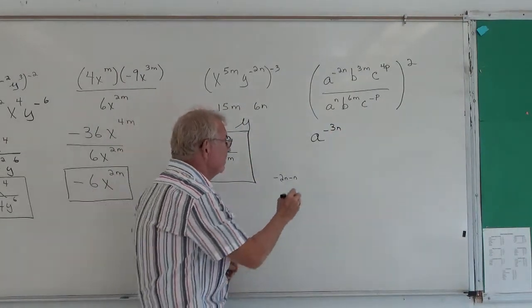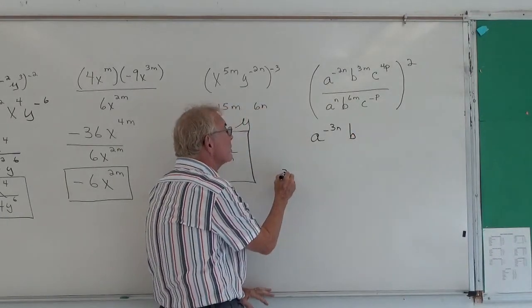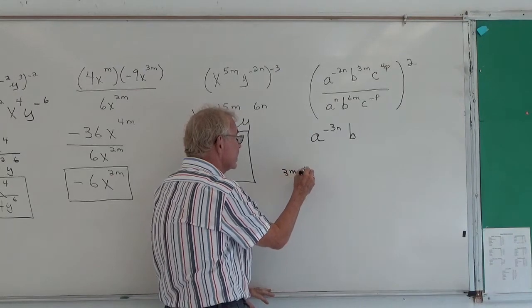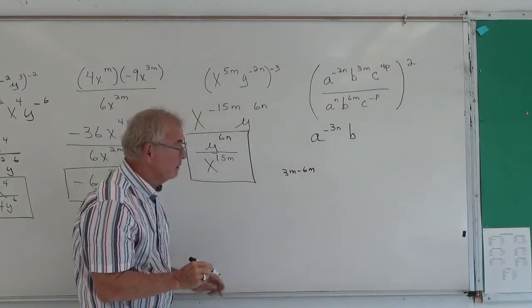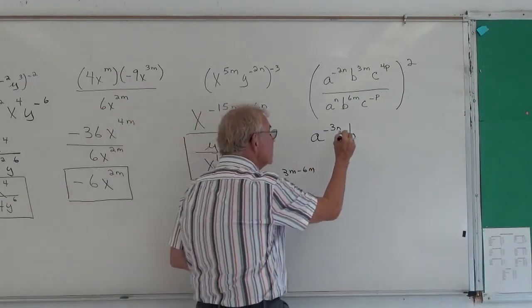Okay, now B. If I ask them to subtract 3m minus 6m, usually we'll get that. 3m, take away 6m, is negative 3m.